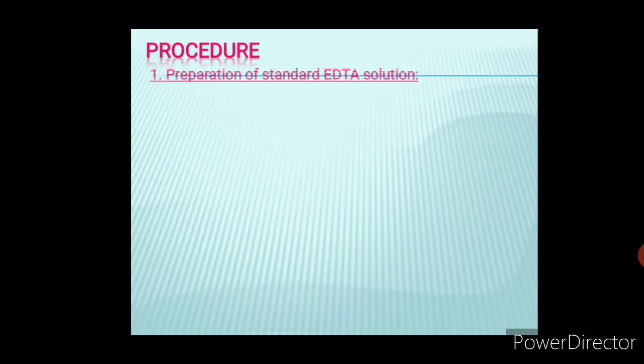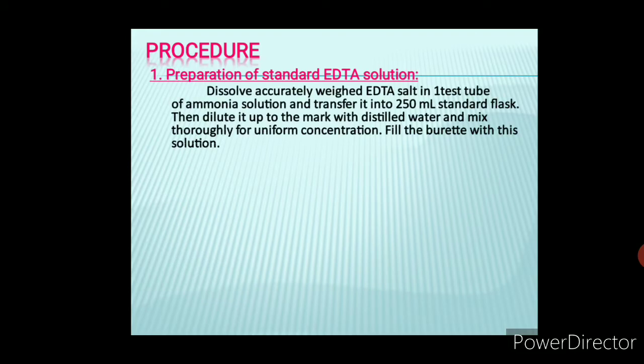Now the procedure. The first part of the procedure is the same as in your experiment 1. Accurately weighed EDTA salt powder will be given. To it we need to add one test tube full of dilute ammonia and dissolve it.